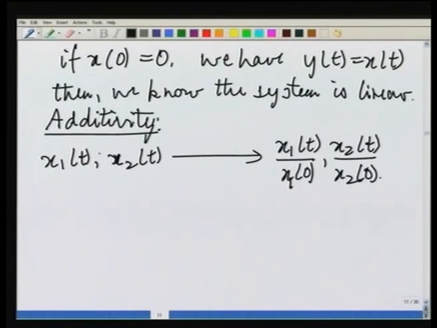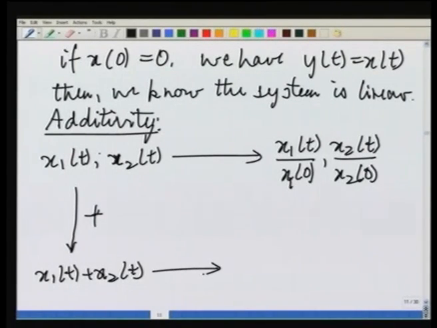These are the two respective outputs. Now, if you added the two inputs, we would get x1(t) plus x2(t), and what would the output be under this circumstance?